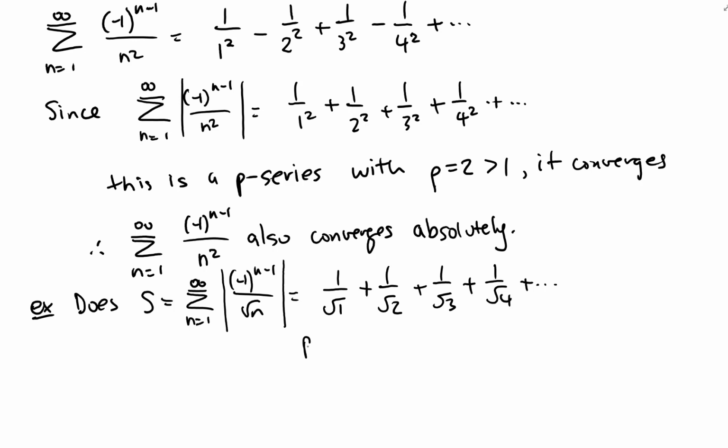And we will notice that this is a p-series, and this p-series has a p-value that's 1/2 because of the square root, but 1/2 is less than 1, therefore this one diverges, and therefore S does not converge absolutely.